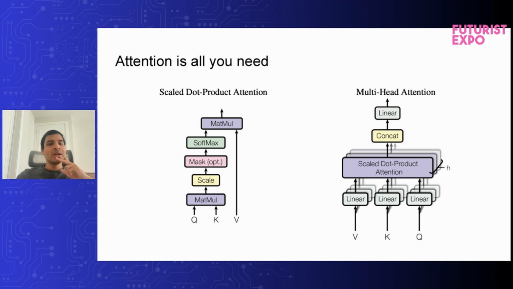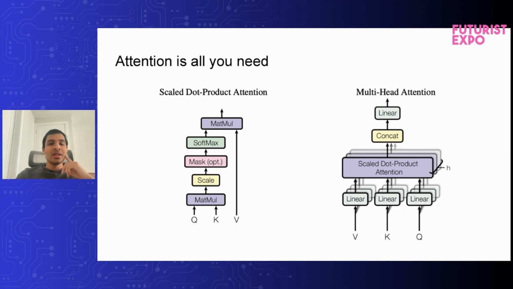In attention, you have the input text, and for each token, let's say a token is a word, we compute 3 vectors for each word: query, key, and value. We take the query for a particular word and multiply it with the keys of all the words in the input text.